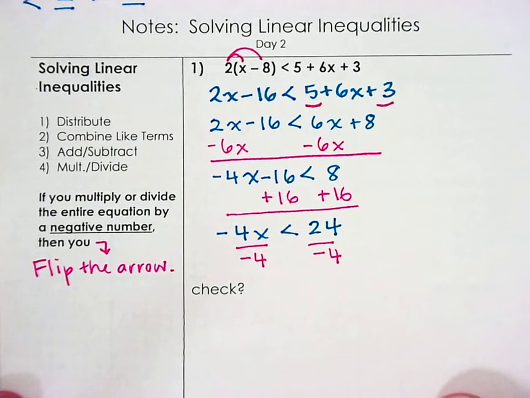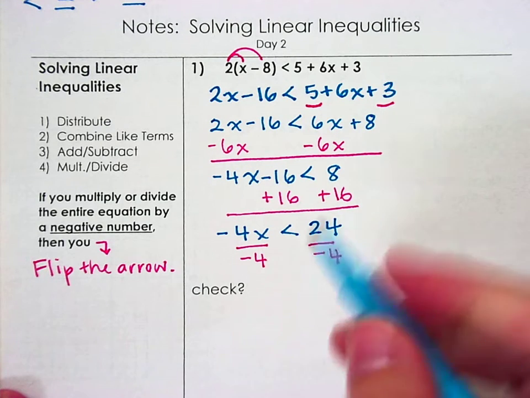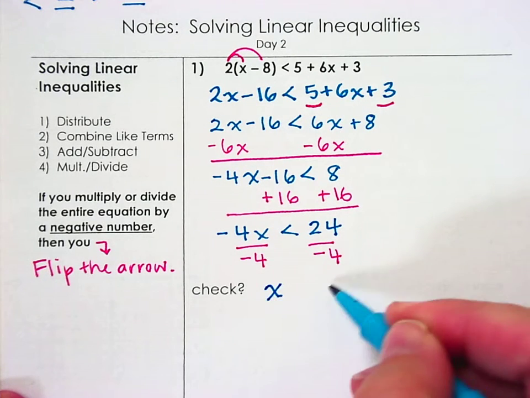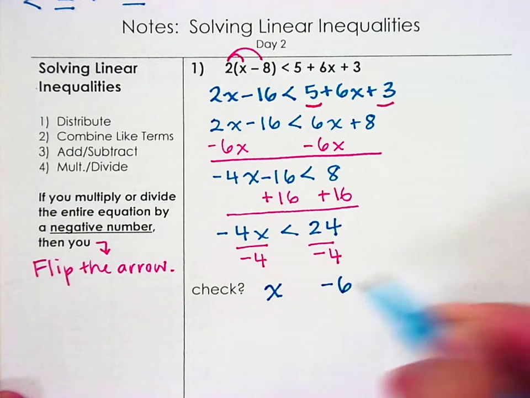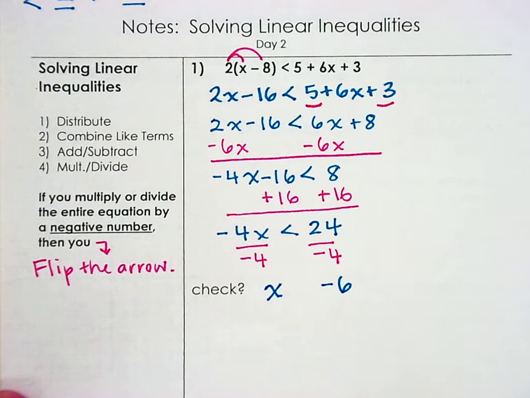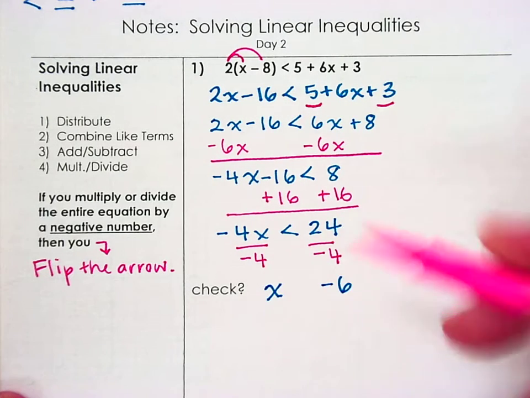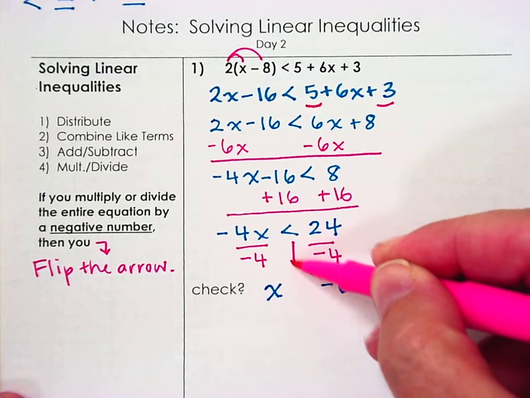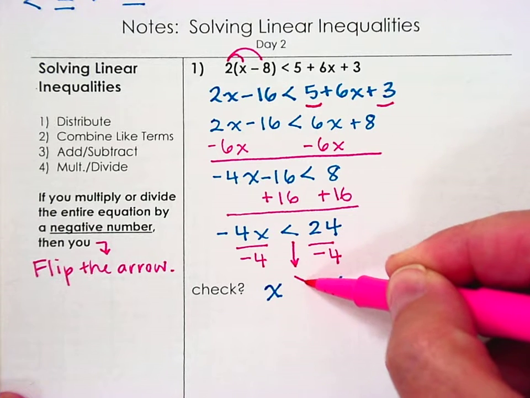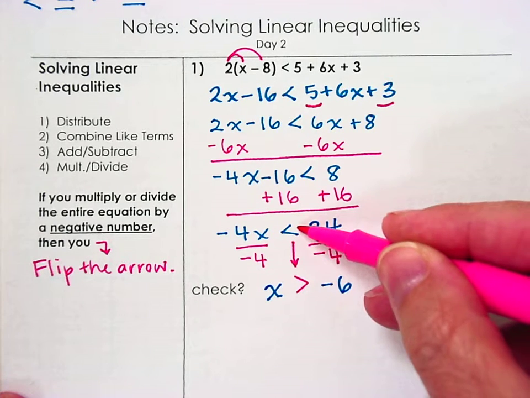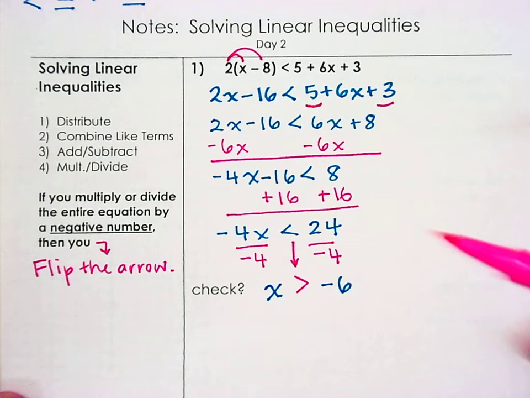So 24 divided by negative 4 is negative 6. So the x comes down. I have a negative 6 on the right, but this is the point at which something new happens. Because I divided by a negative 4, the inequality arrow is going to switch directions. Instead of it being a less than, it is now a greater than.